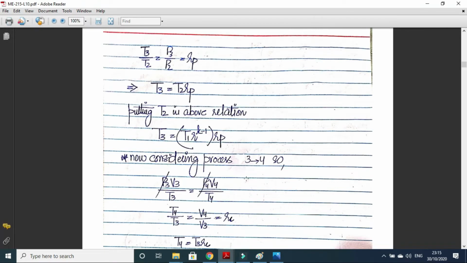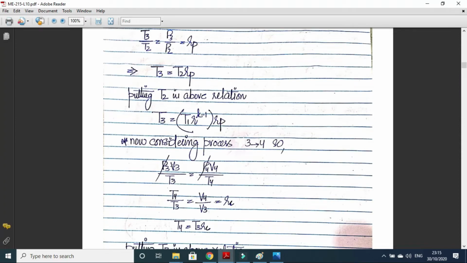Now let's consider process 3 to 4, which is constant pressure heat addition. We can apply the ideal gas relation P3 V3 upon T3 is equal to P4 V4 upon T4. P3 and P4 will be cancelled out because pressure is constant. T4 upon T3 will be equal to V4 upon V3, where V4 is volume after constant pressure heat addition divided by V3, the volume before constant pressure heat addition.